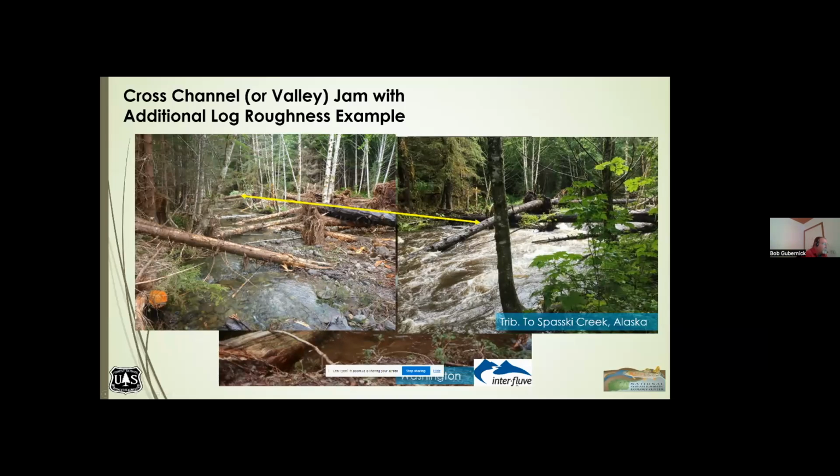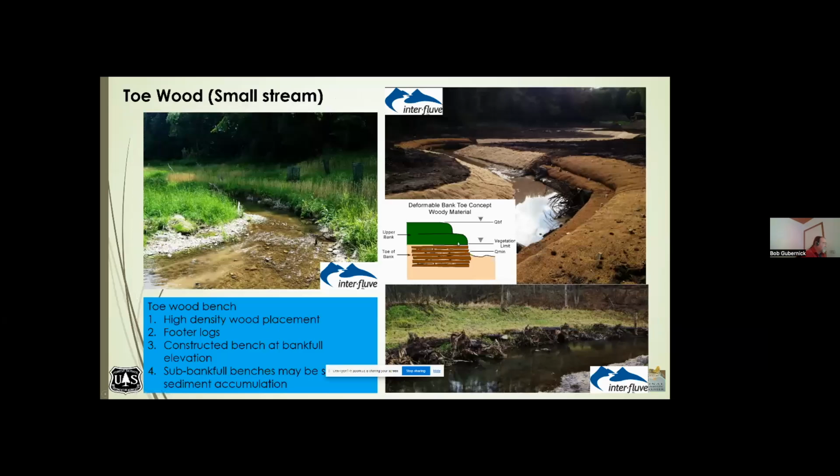As we move smaller down, you could use bits and pieces of trees and root wads with stems attached to them to form toewood structures. I like toewood structures. They're amenable to small streams. Essentially what they are is a bunch of wood, logs, root fans, all chunked up and placed down to scour depth into the bank.